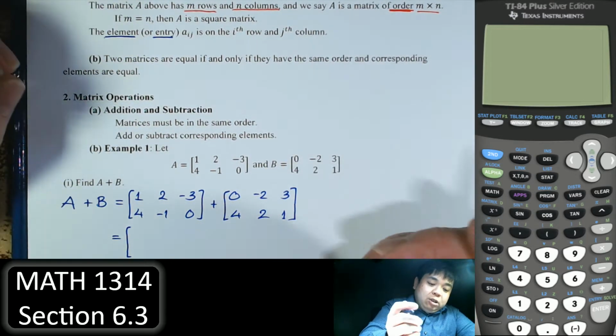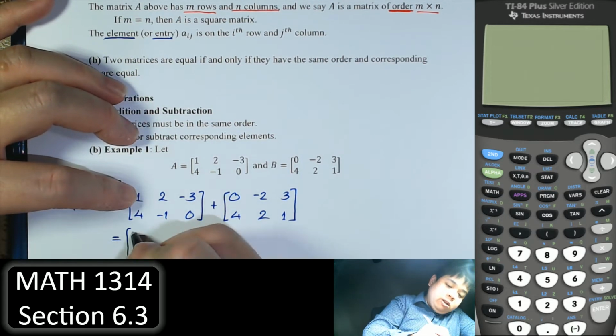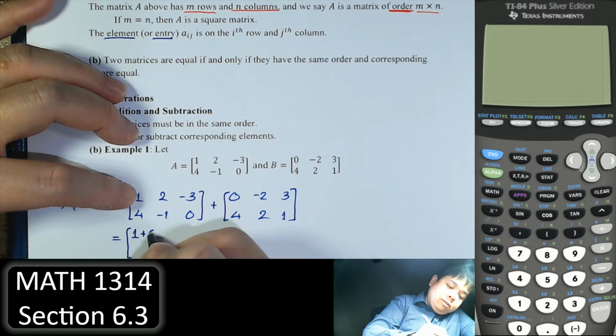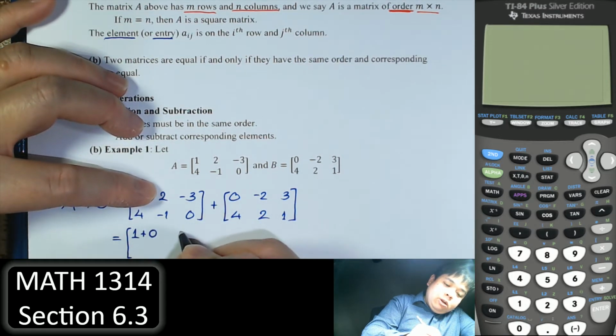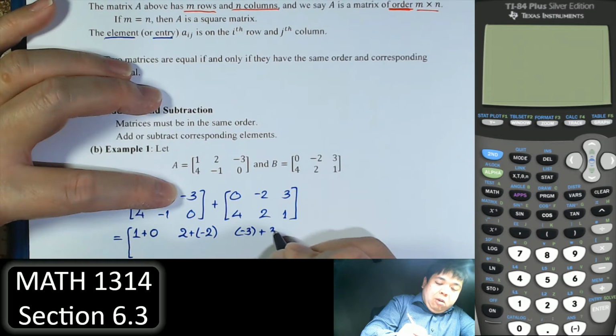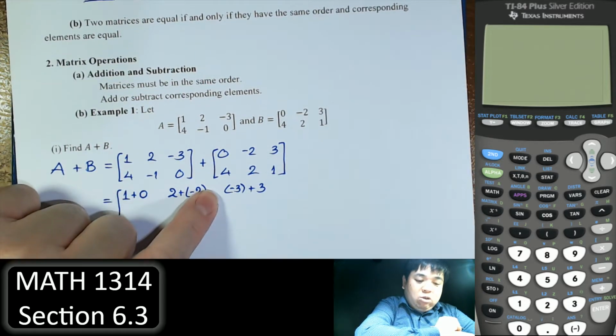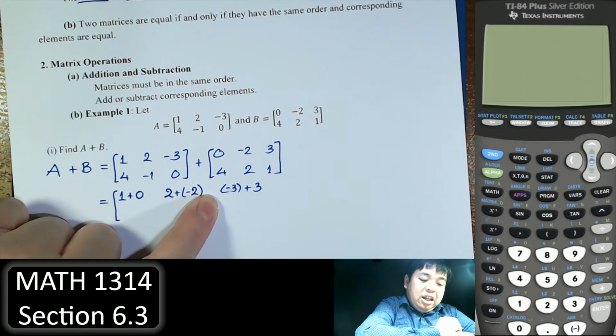When we add or subtract, we just add or subtract the corresponding entries. So 1 plus 0, 2 plus negative 2, negative 3 plus 3. By the way, we do not write a comma between the entries of the matrix. We just leave a space there.